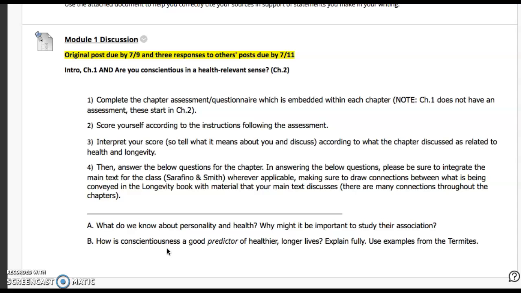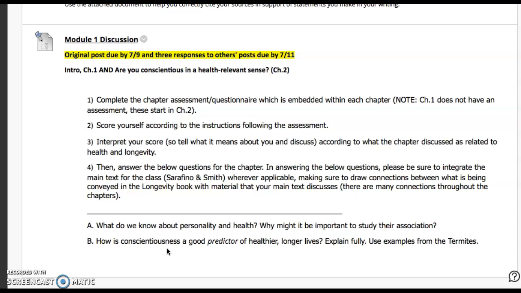In the longevity book, they talk about the subjects, the termites, as they call them, the original subjects of the study. In every chapter, you're going to get to know John, Mary and Patricia. There are all these different people you're going to be exposed to, and they're going to come up repeatedly throughout the chapters.